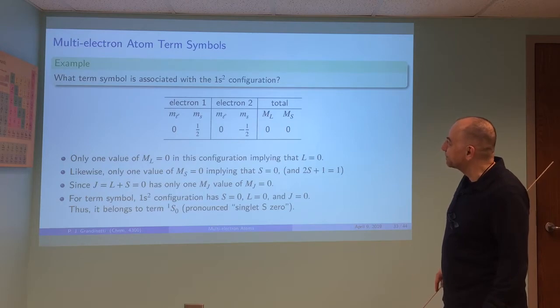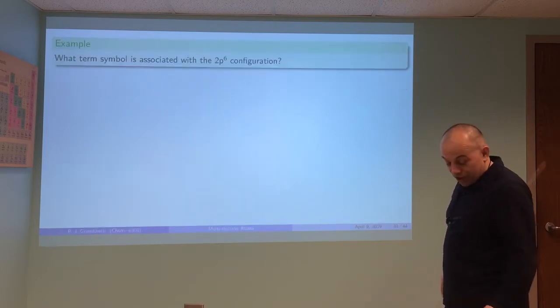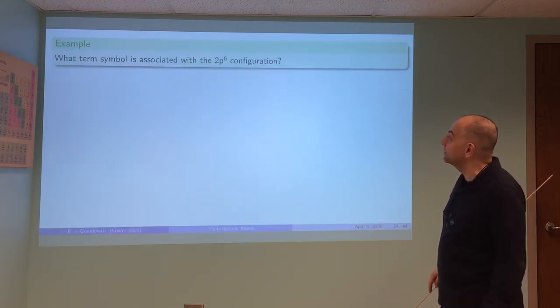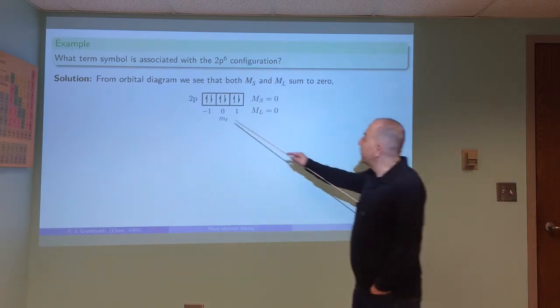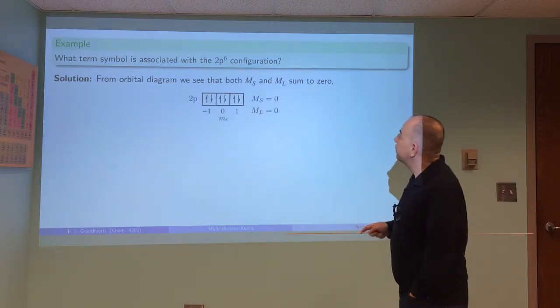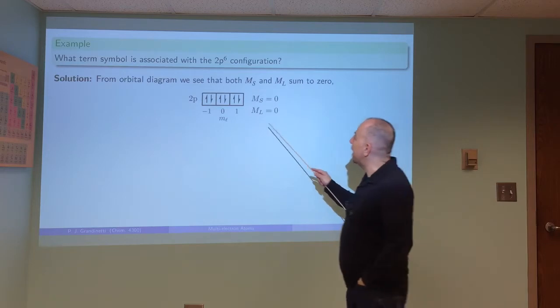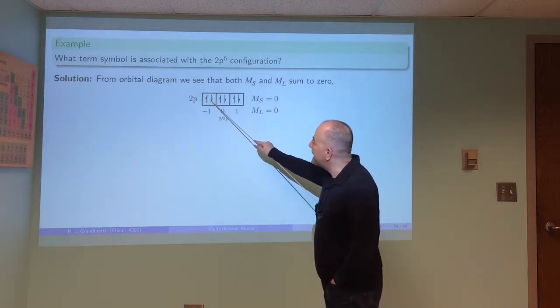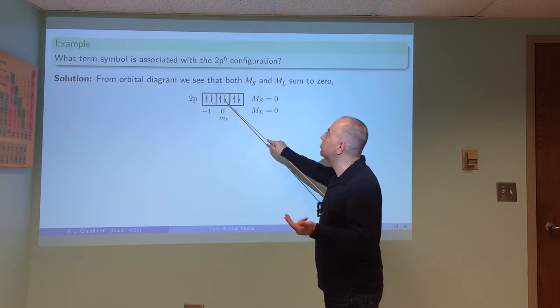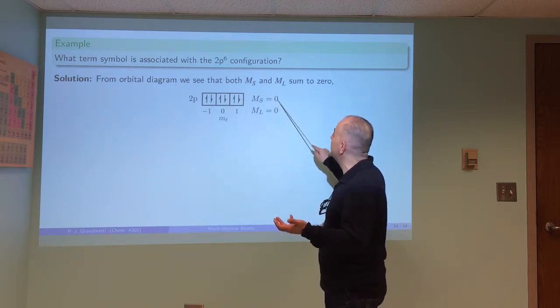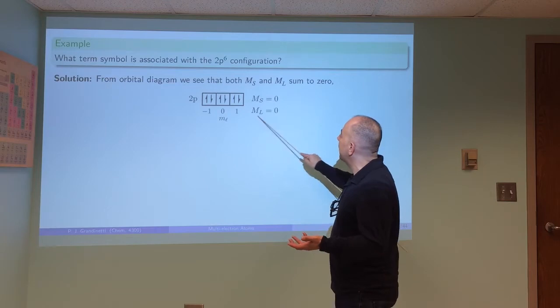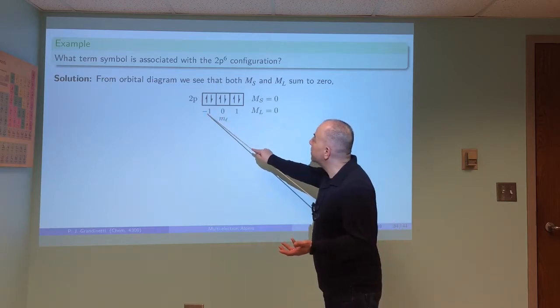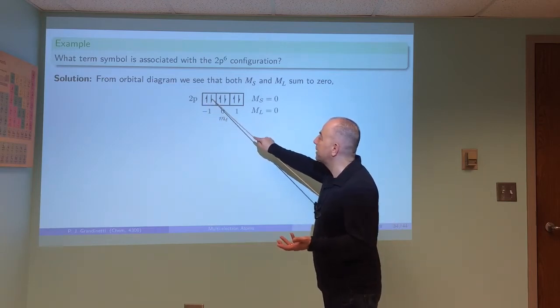All right. So let's try a 2p6 configuration. So if this is the configuration we're talking about, then you can right away see that if I calculated the total m_s, well, that's plus half minus half, 0, plus half minus half, 0, plus half minus half, 0. So the whole thing adds up to 0. And m sub L, well, there's two of minus 1, so that's minus 2.